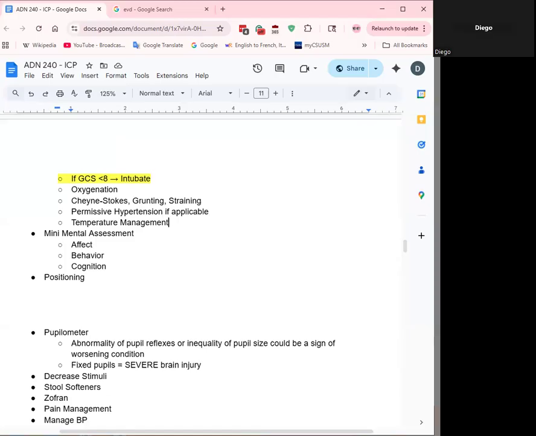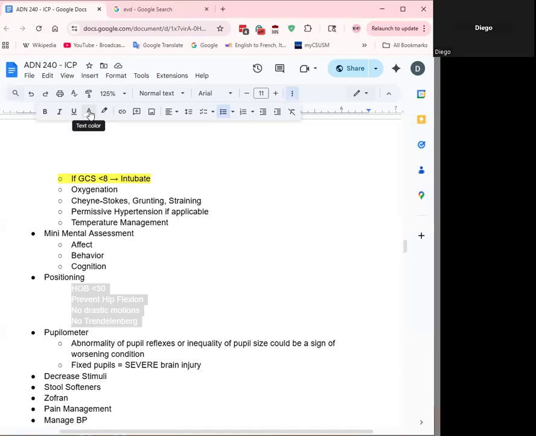So for the positioning, we did already talk about it. What are the things that come to you when it comes to positioning? Head of the bed up, as well as keeping the neck midline and avoiding excessive hip flexion. Perfect. So we're going to do head of the bed up.